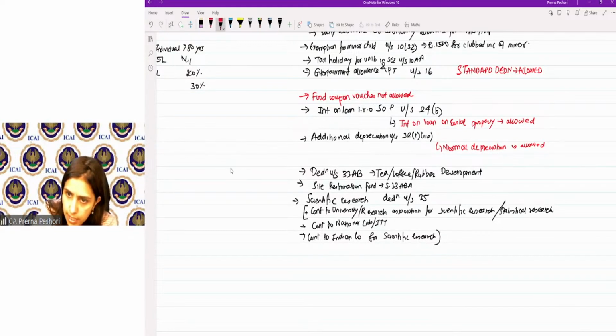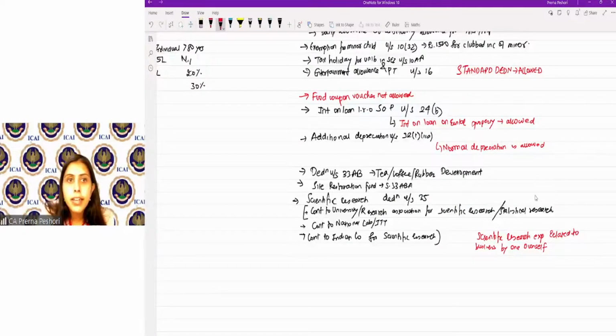So what is allowed is scientific research expense laid out for the scientific research related to business by oneself, including the expenditure incurred before the commencement of the business on the payment of salaries or purchase of any materials 3 years prior to the commencement of the business, are also allowed, except the one which is there for the land, because no deduction is allowed for the land basically.